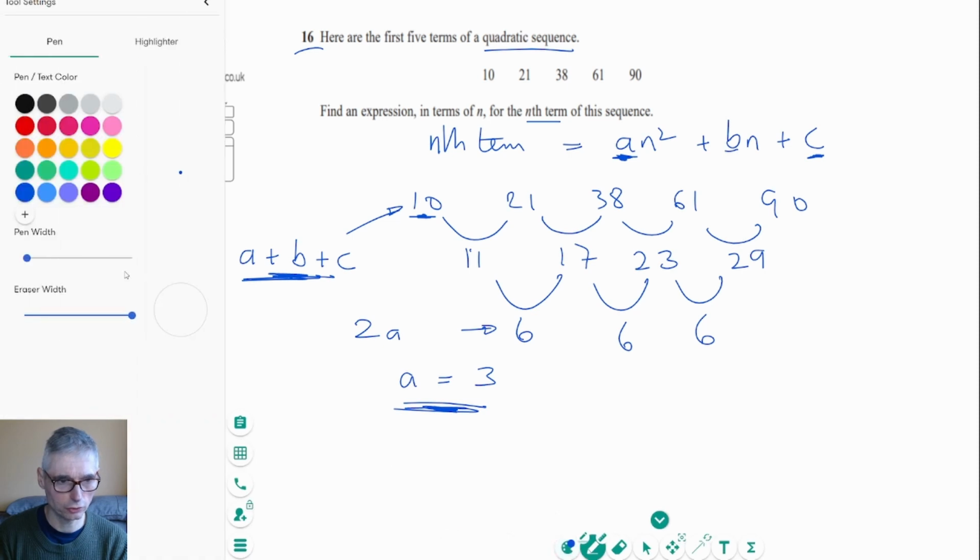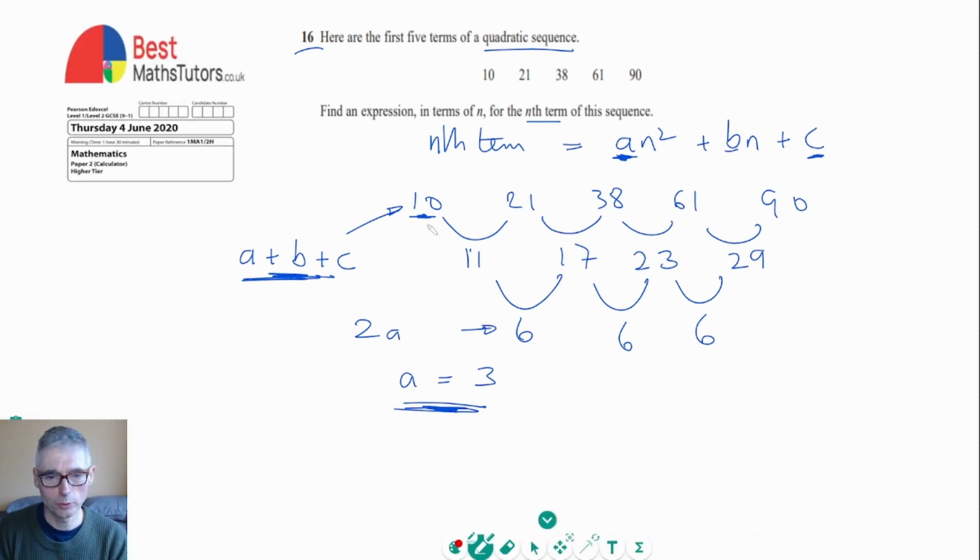I'm just going to change colour pen just so we can sort of see what we're doing here. We can go backwards. So we could say, well, if we went to the term before, then that would be 6, so we would have added 5, because I'm going to take away 6 from this one.